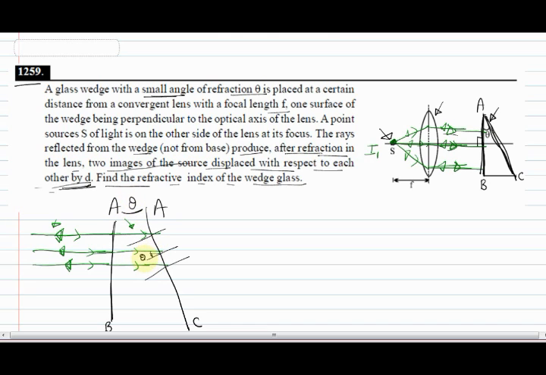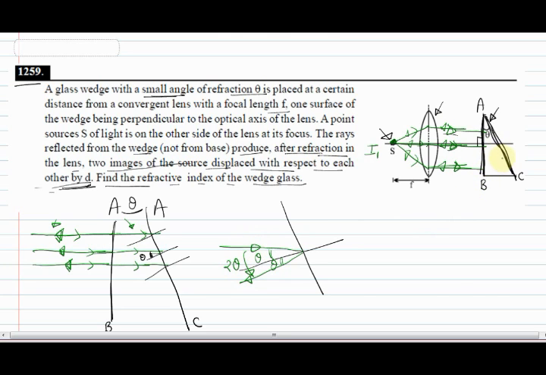You can find this by geometry. So the incident light ray on the face AC makes an angle theta with the normal, and the reflected light ray should also make an angle theta with the normal. Hence the reflected light ray makes an angle 2 theta with the horizontal direction.